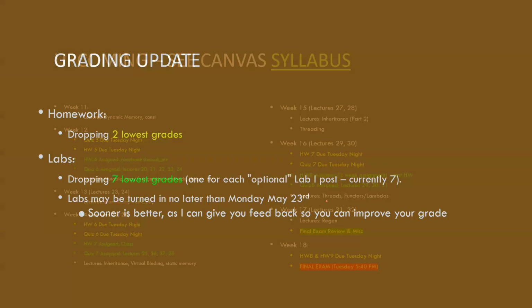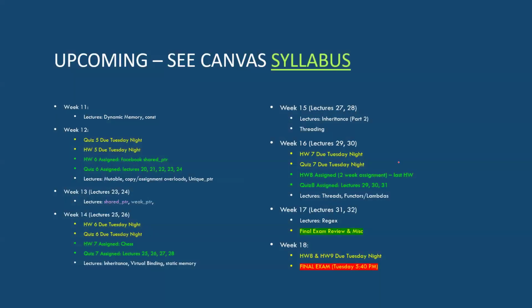Okay. So here's what we have in front of us. We're right here on inheritance part 2. We'll pick up threading on Thursday. Then we will talk more about threading next week, and functors and lambdas. We did a little bit of introduction to functors and lambdas earlier on, and we'll come back.